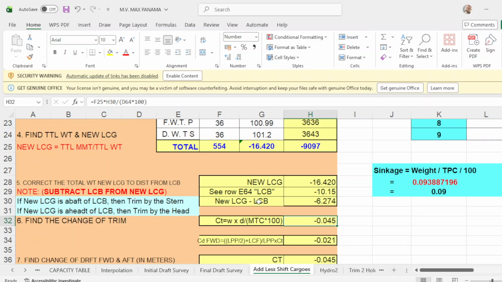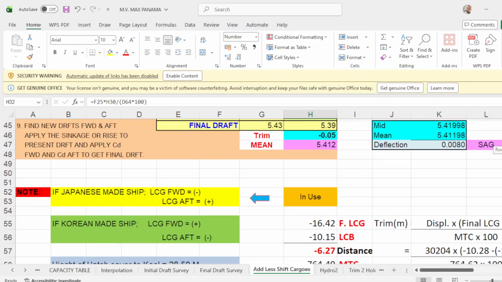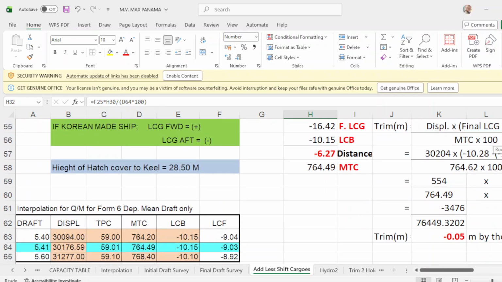So H30, okay? H30 over MTC. MTC is D64, so you go to row 64. MTC is this value, 76449.